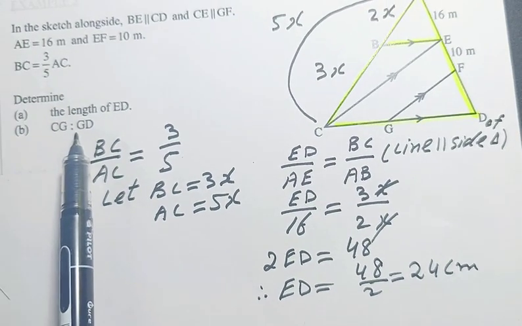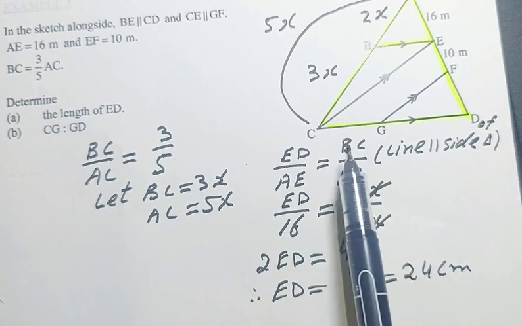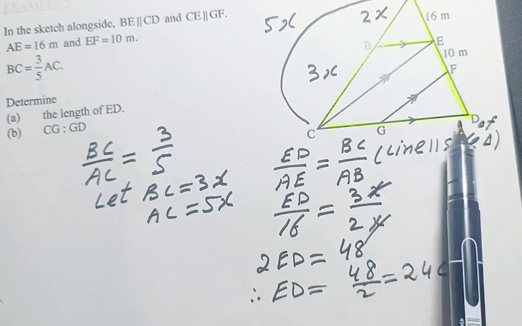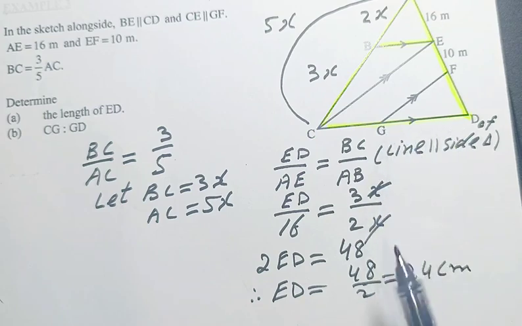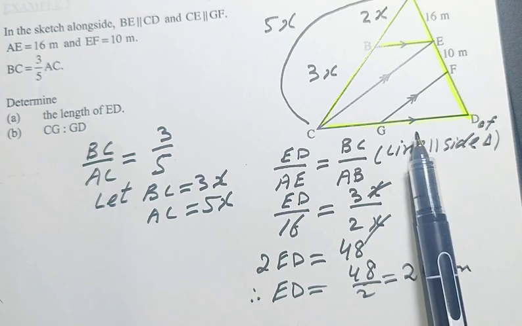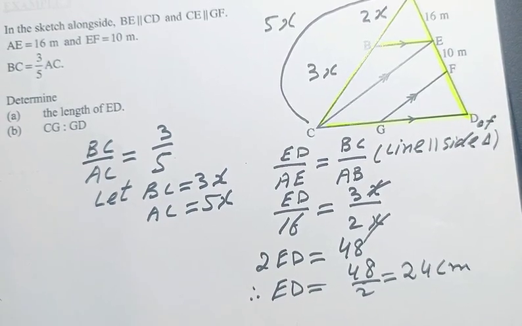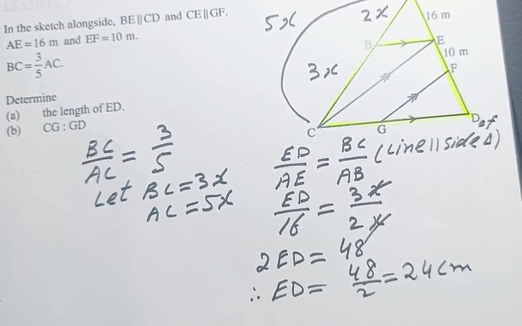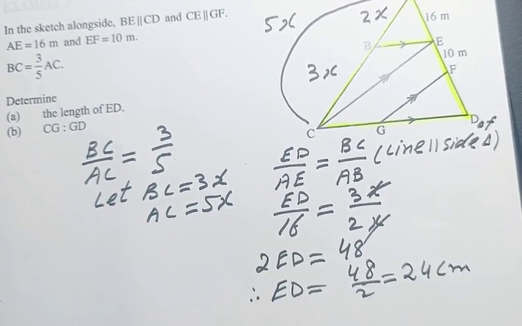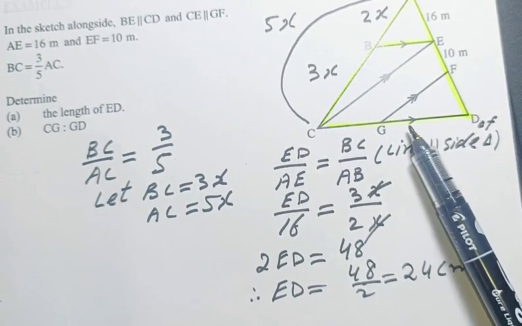Second question, he says CG ratio GD. So where is CG ratio GD? He wants this one. Now we cannot use this triangle. You must remember when we're using double arrow parallel lines triangle, we can use CD and BE, which is a single arrow parallel line, as a side. Proportionality does not allow you to use these parallel lines as a side.